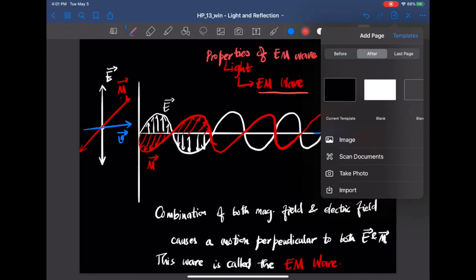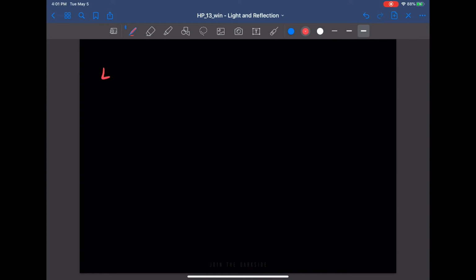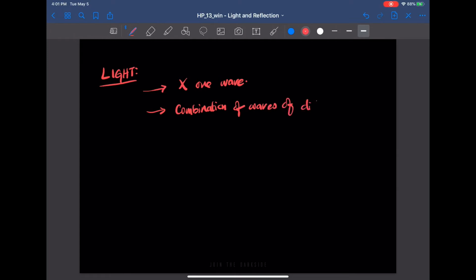But the problem here is that light in itself is not one wave. It does not mean that there is only one single wavelength of light, because it's a combination of waves of different wavelengths.